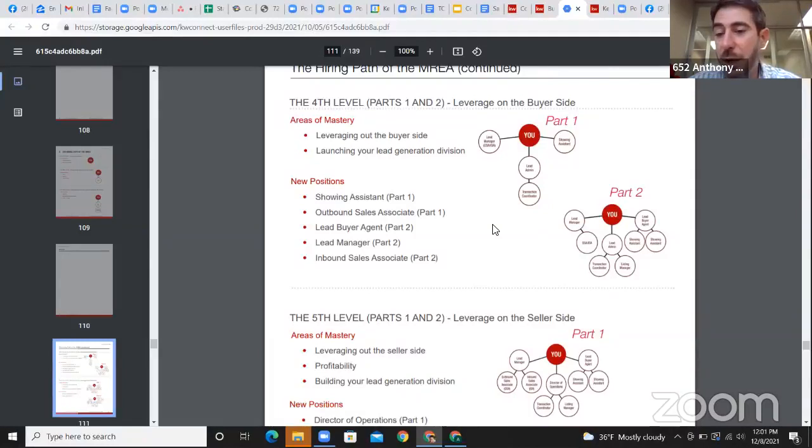The lead manager, in this case, would also be responsible for generating leads. This is either your future marketing director, or could also be your future lead ISA or lead inside sales associate. So the lead manager is going to have a position of managing other ISAs. So you see that there in part 2.